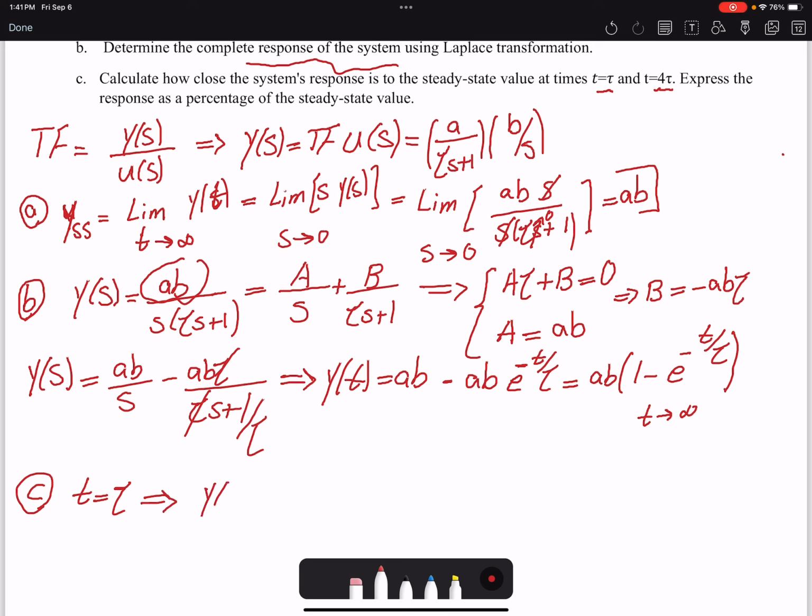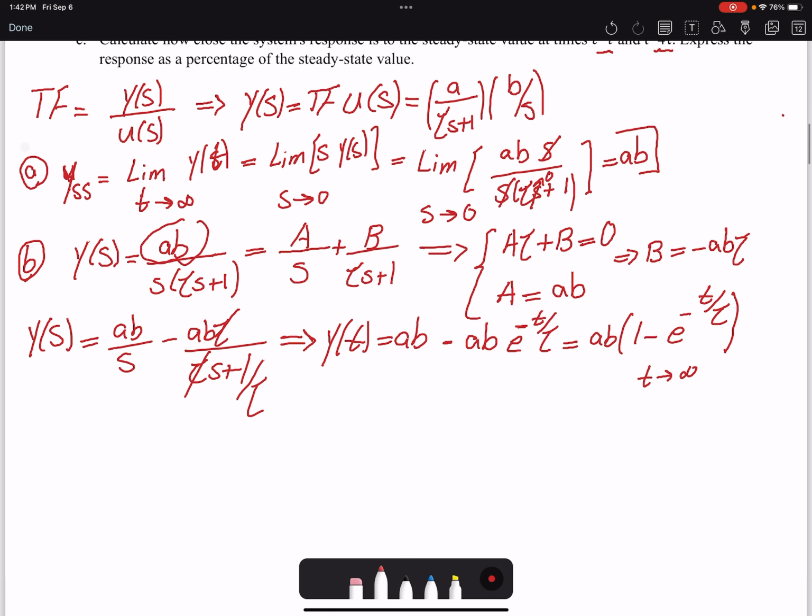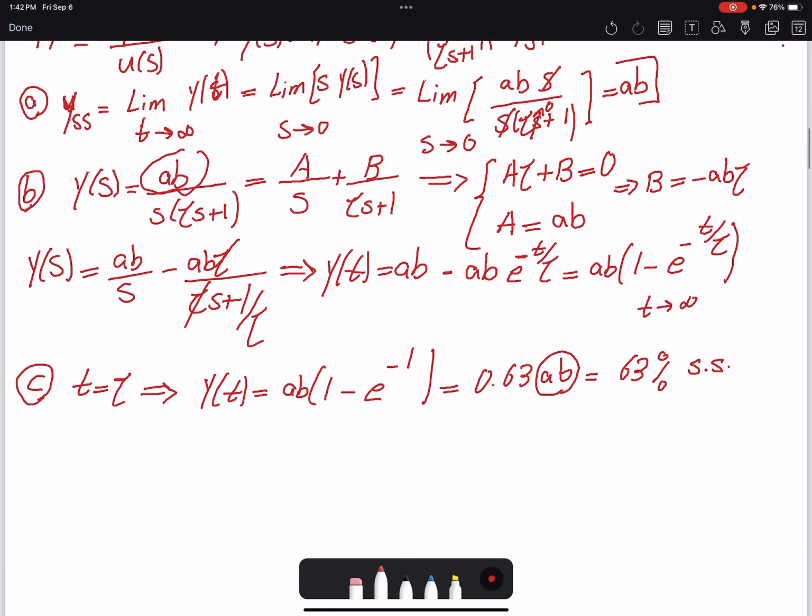I have y(t) equals ab times 1 minus e to the minus 1. That gives me a value of 0.63 ab. And we know ab is the steady state response. So 63% of ab, or 63% of the steady state response. And that's true all the time.